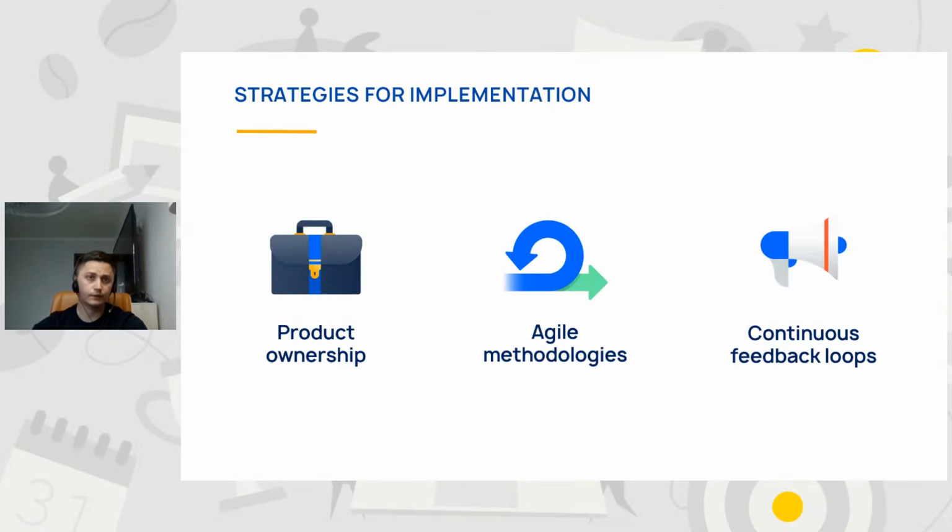So regarding strategies for implementation, you should consider product ownership. In this case, you may have even two roles. One of them is the product manager, who will be focusing on the strategy and scope of features and problems, and the product owner, who will be focused on the implementation and technical part of the product.